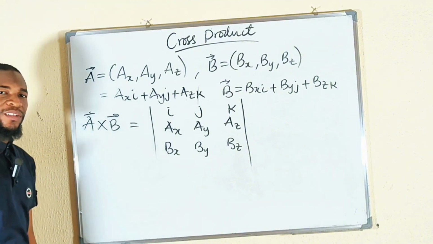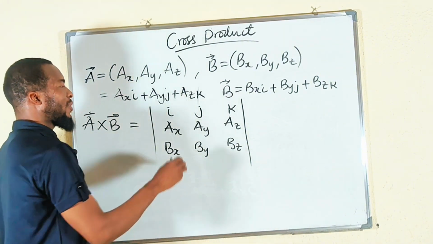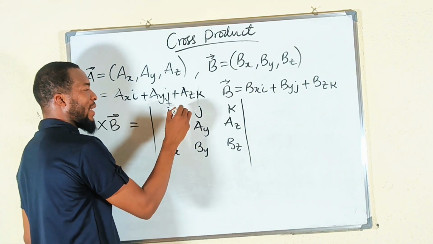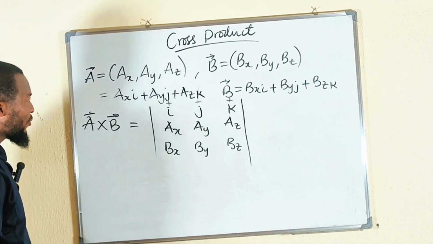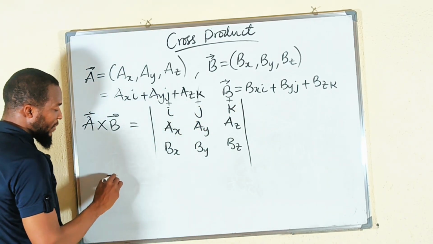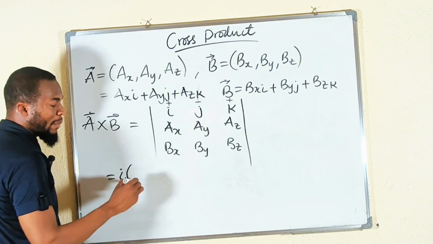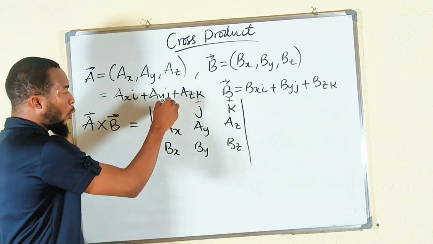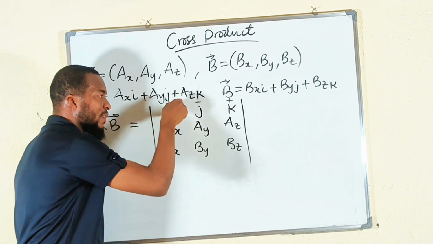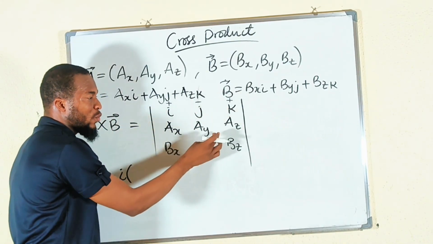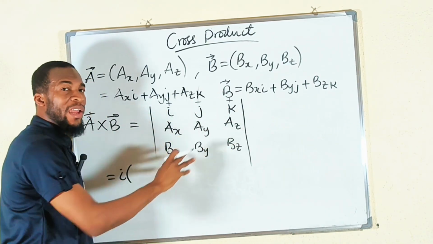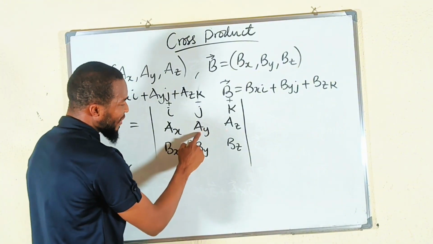So how do we find the determinant of a 3 by 3 matrix? First of all, you should know that we have plus here, minus here, plus here. Then you should take i. This is equal to i multiplied by what? You close this column and this row. You'll be left with 4 elements here. Find their determinant. This is going to be this times this.